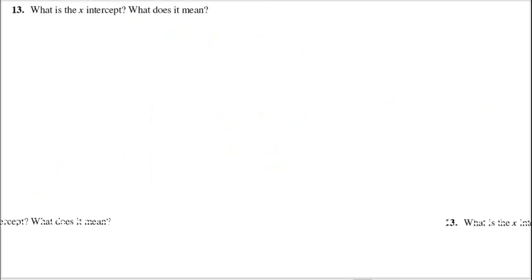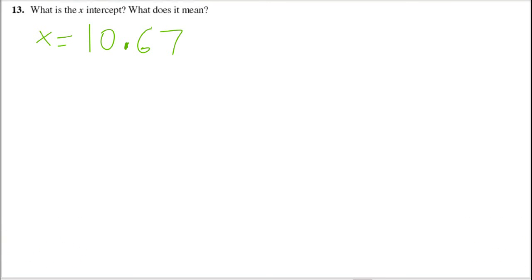So that is actually my x-intercept. What does it mean? At 10.67 hours, the blood alcohol content is 0. So the person is completely sober.